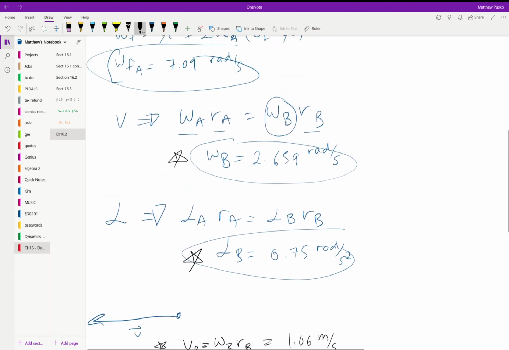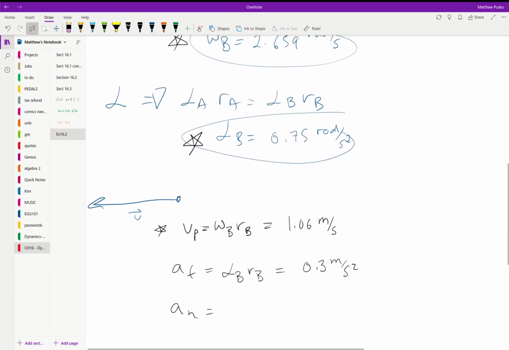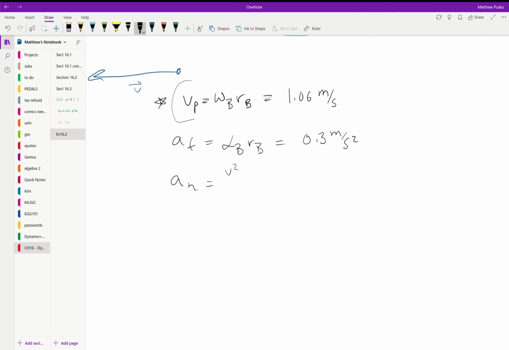Well, in this, we know V, so we could do V squared over R. That's the same thing as omega crossed R, or omega R, if you want to check out those units. And what we're going to get is 2.827 meters per second squared.